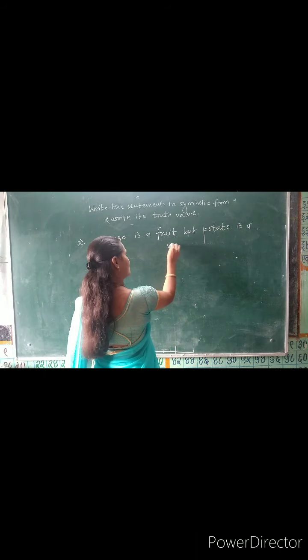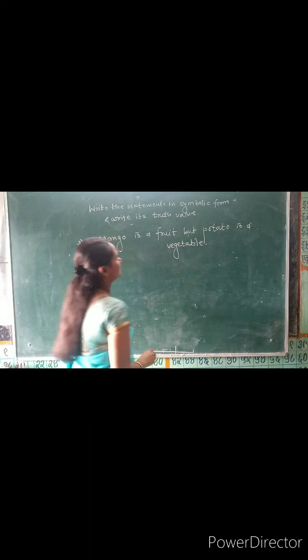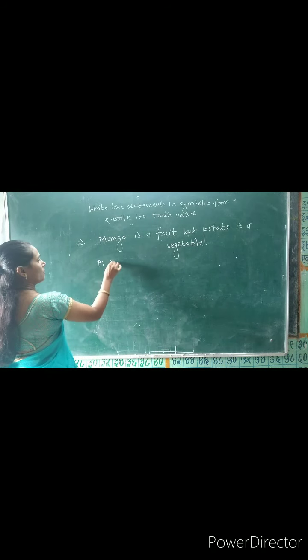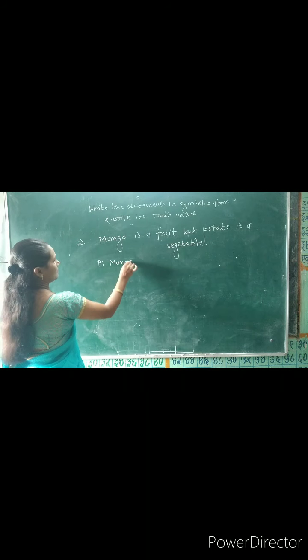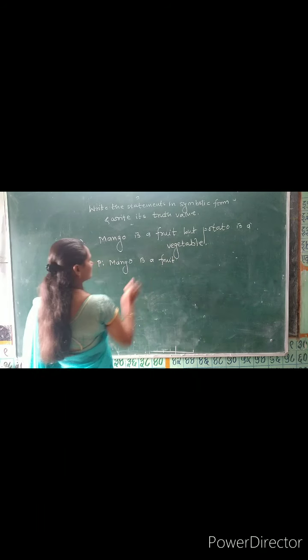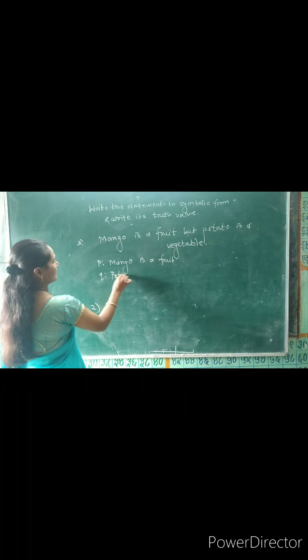Mango is a fruit, but potato is a vegetable. Here our first statement P is mango is a fruit. And the Q statement is potato is a vegetable.